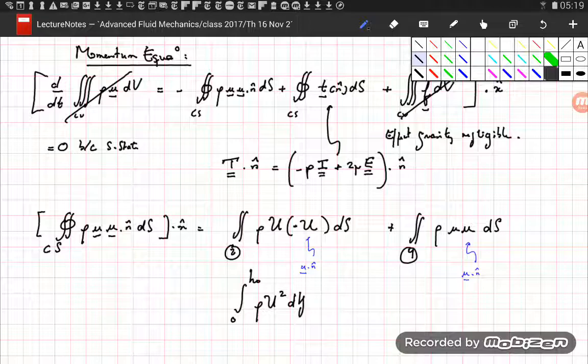And so finally, this whole thing becomes, so I forgot this minus sign. The minus sign from here goes here, plus integral from 0 to h of x, rho u squared ds.